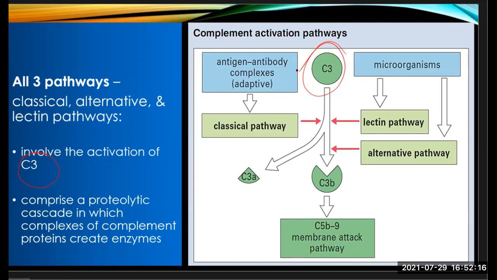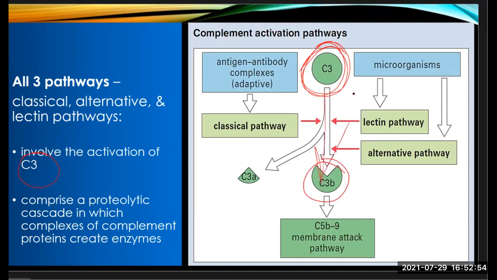The second one is the proteolytic cascade, in which complexes of complement proteins create enzymes that cleave other complement proteins in an ordered manner to create new enzymes, thereby amplifying and perpetuating the activation cascade. Each of the activation pathways generates a C3 convertase, which converts C3 to C3b.